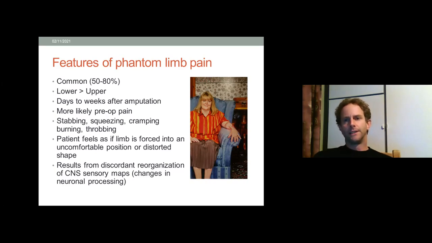So it's more common in legs rather than the upper limbs, and that's partly due to the way that the somatosensory cortex is mapped out.